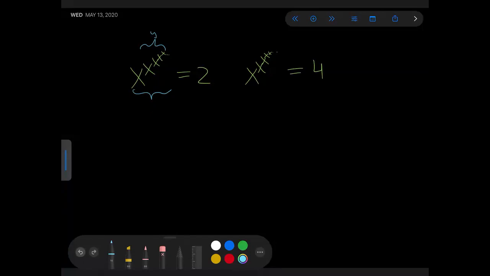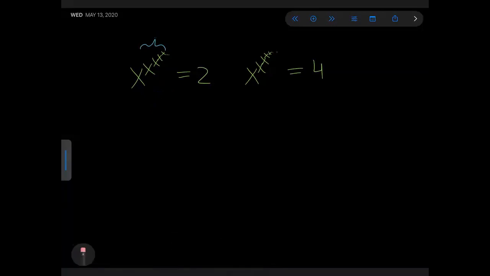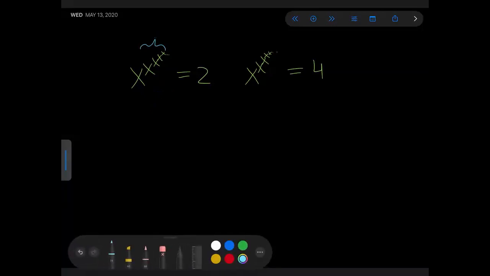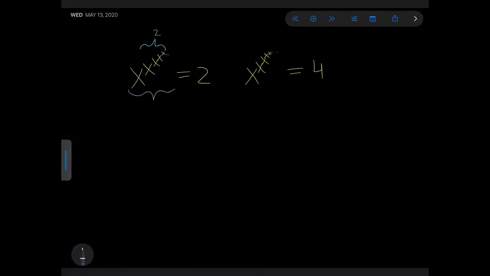What I meant to say is that this is equal to 2, and this is also equal to 2. So it seems that x squared equals 2. So x equals square root of 2.